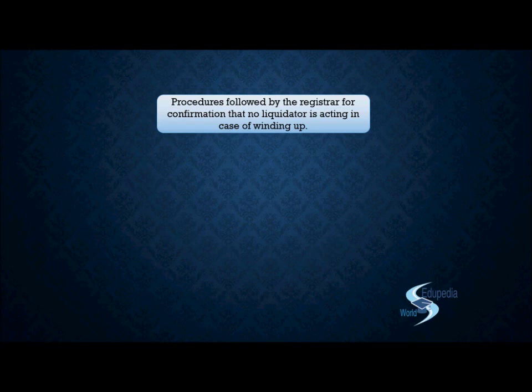Can that be in any situation where there is an official liquidator? No, the official liquidator will complete the winding up somehow. If there is a deadlock, if there is an end to winding up and the liquidator knows there is no way out, they will go for dissolution directly. But an official liquidator halting the winding up procedure for a long time with no response is a rare situation.